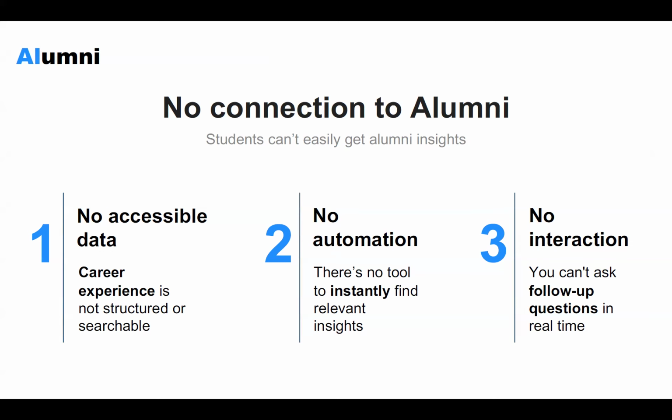And in all these social networks, you do not interact with this information. The only interaction you have is with a real person, texting him or her. But you do not have a chatbot that would be interactive, where you ask a question and you are sure that 100 alumni are answering this question. This is what we want to solve.